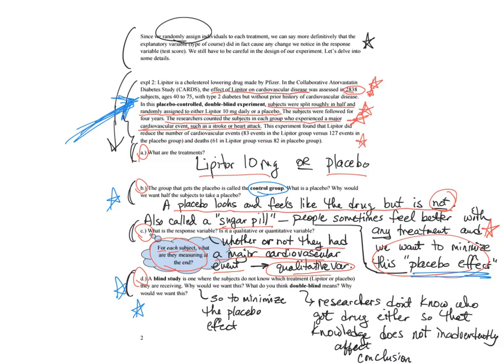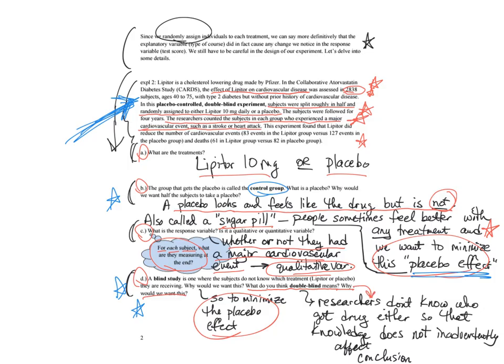Why would we want this? We already really talked about that. So to minimize the placebo effect, so people don't know that they're not getting the drug and their brain can't somehow miraculously feel better. And then they ask in this part D, what do you think double blind means? Why would we want that?